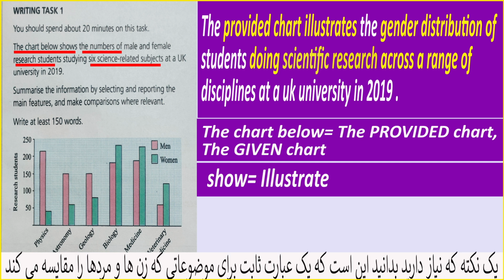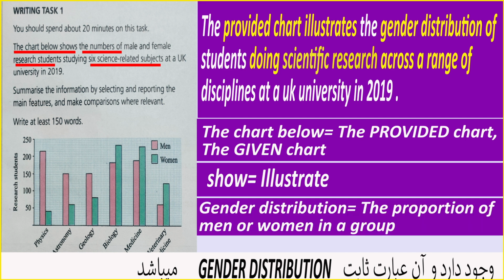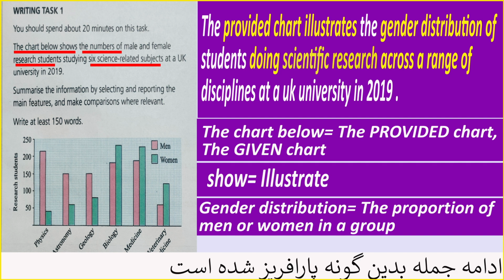One thing you need to know, there is a fixed phrase which you could use in topics which compare men and women. That phrase is gender distribution. So in this case we can say the provided chart illustrates the gender distribution. Next, we have male and female research students studying 6 science-related subjects.